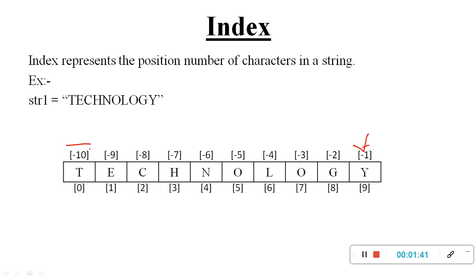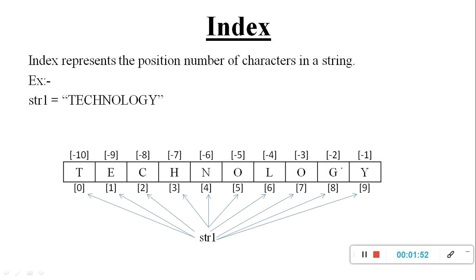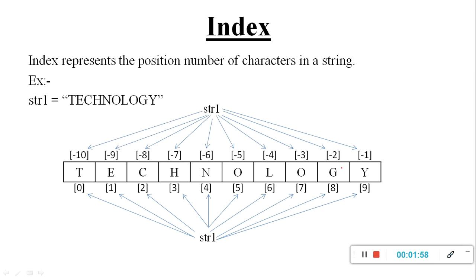This reverse order is applicable only in the case of Python, not in any other language. See here, str1, and the indexes 2, 3, 4, 5, 6, 7, 8, 9. Here also minus 1, minus 2, and so on, serially it is coming like that. So this is all about index.